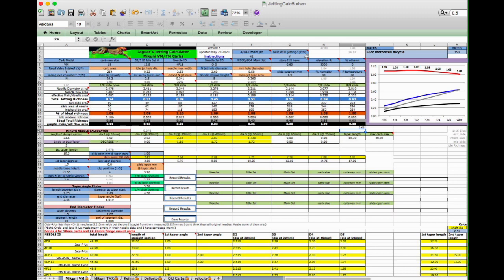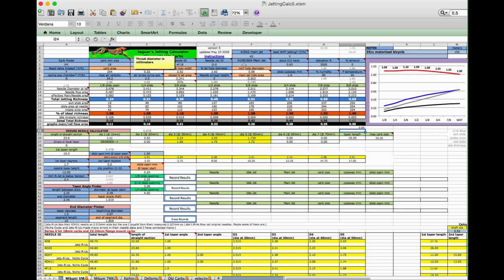So if you achieve that, you've dialed in the main jet, put a Y right here. Then with everything else that you enter, this being very important, which is the height of the slide when the needle starts to be exposed at the beginning of the taper, it's explained on my site.